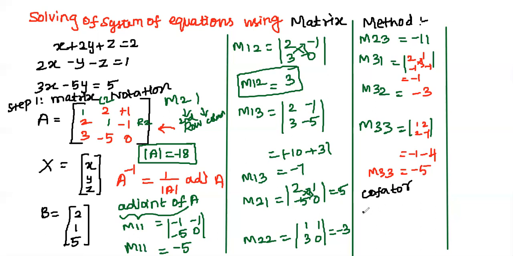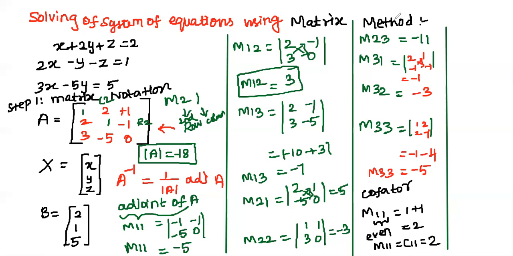For example, M11, you will be adding this position. So 1 plus 1 is 2. Here you are getting an even number. So the M11 and cofactor will be the same. So you'll be writing C11 as 2. Remember, in case you are getting odd, you will be multiplying it by the minus sign.